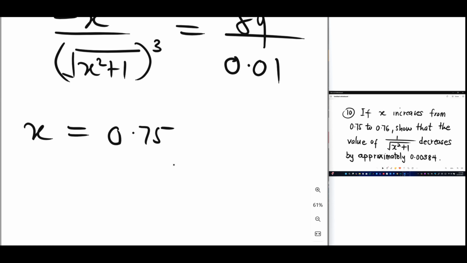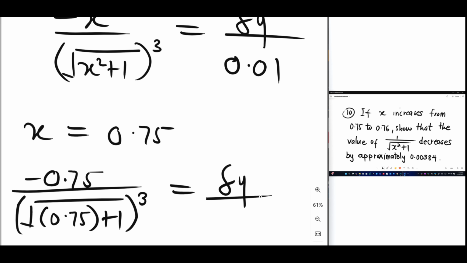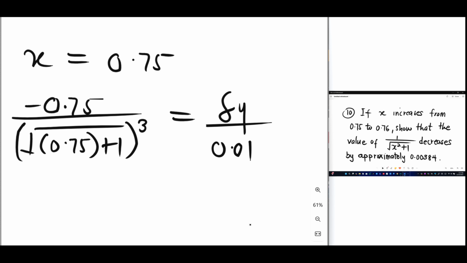Wherever you see x, you put 0.75. So you are going to get negative 0.75 divided by square root of 0.75 squared plus 1, all in bracket, having an exponent of 3, is equal to the small change in y divided by 0.01, which is the small change in x.